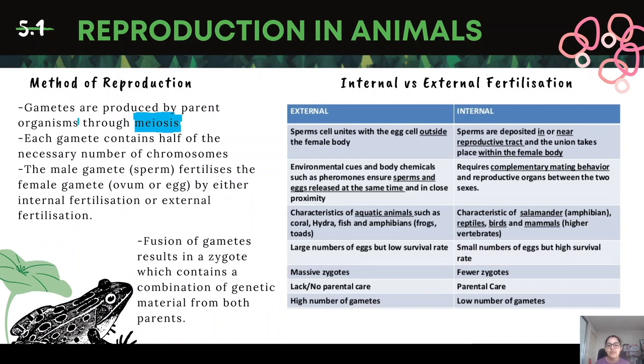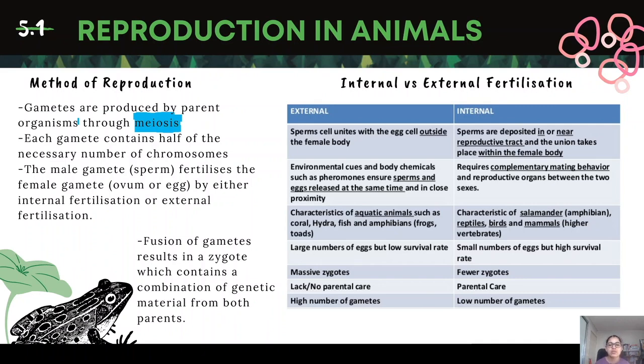So a normal body cell will have 46 chromosomes. However, the gametes will have only 23 chromosomes each, so they are called the haploid number. The 46 chromosomes is the diploid number, so just think diploid like di, double. It's double 23, so 46.